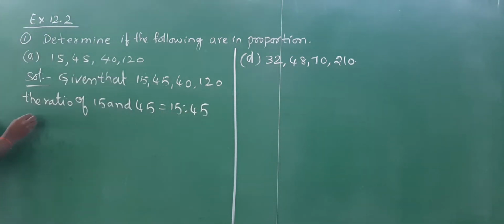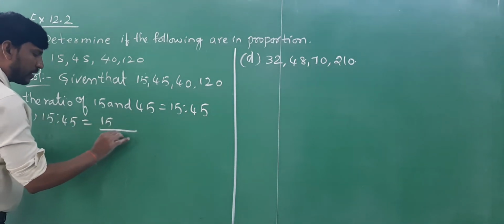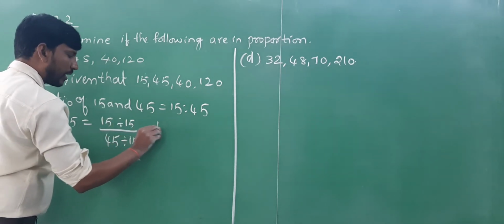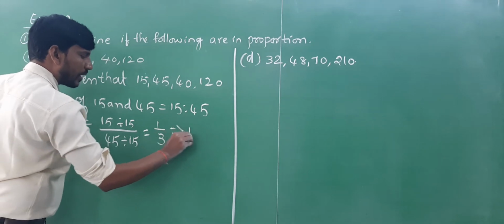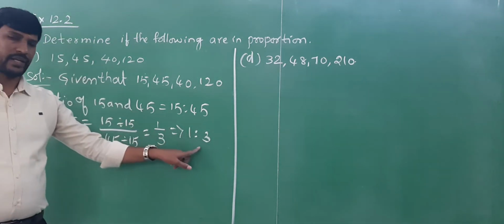Right, children? So 15:45 is equal to 15 divided by 45. Divide with 15, because both are multiples of 15, we will get 1/3, which is 1:3. The ratio of the first two values is 1:3.